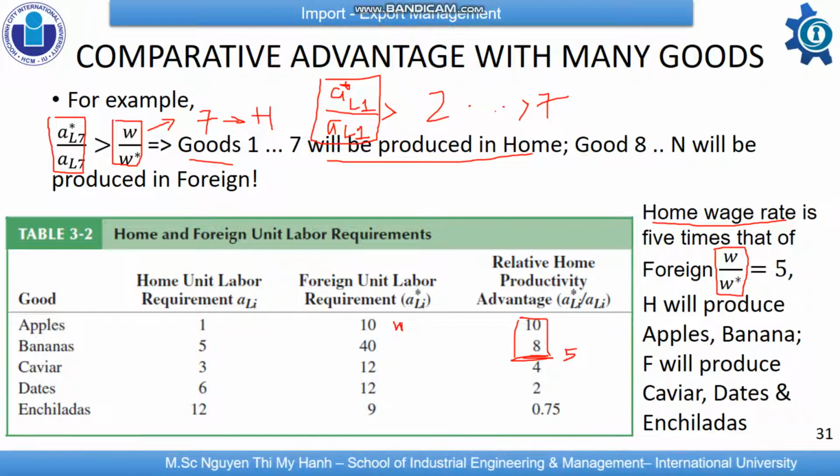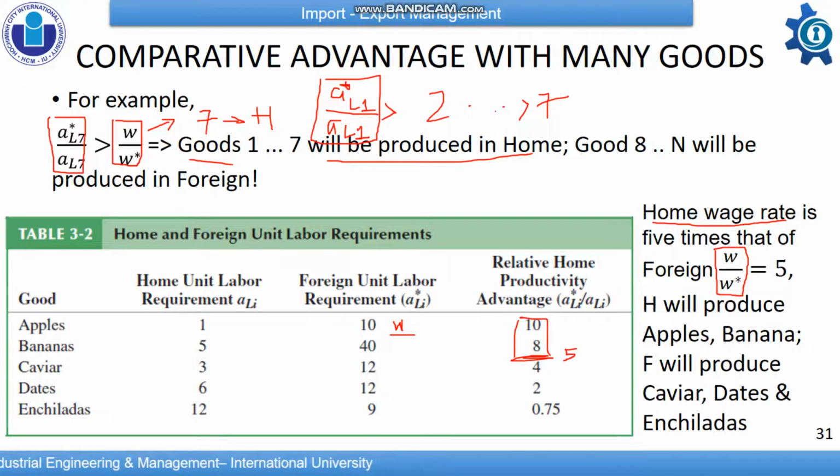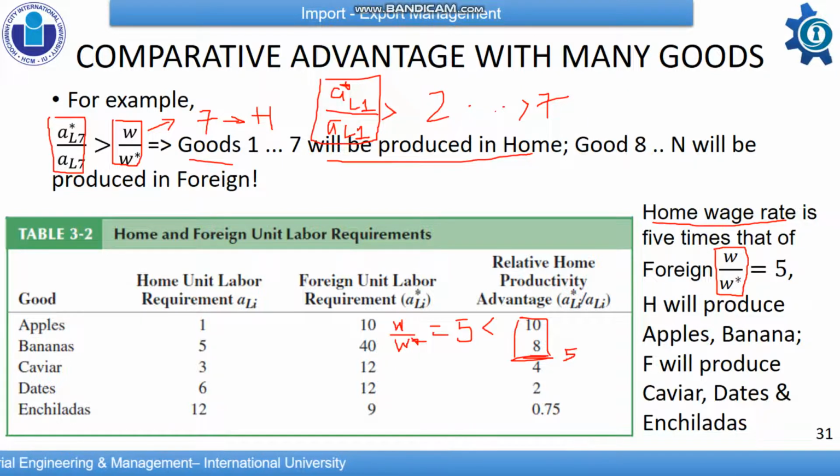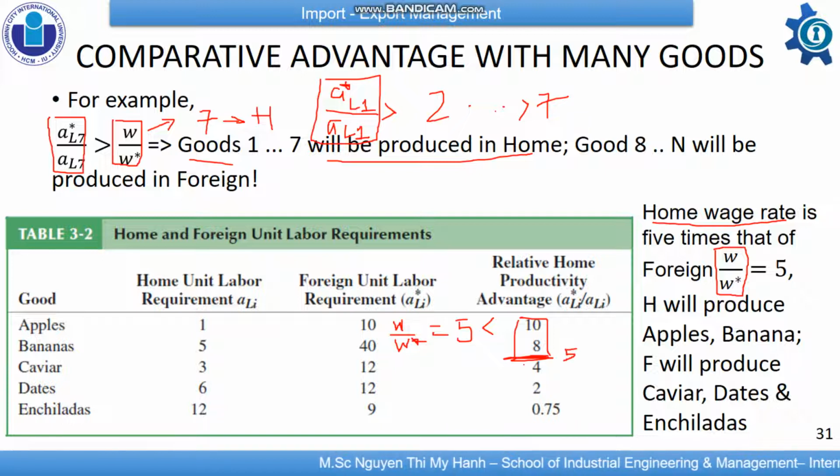Let's say banana: the relative wage rate in home country to foreign is 5, and it is less than the relative unit labor requirement in foreign to home of apple. That's why home will produce apple and banana, and foreign will produce caviar, dates, and enchiladas.